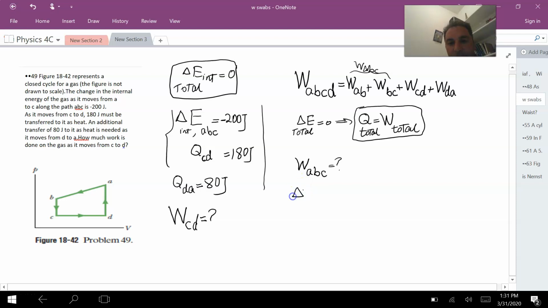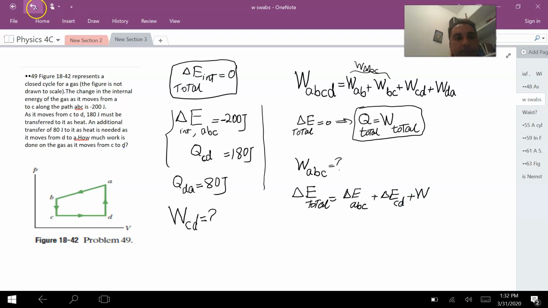So I can say total energy is total energy in the path of ABC plus total energy in the path of CD plus total energy in the path of DA.